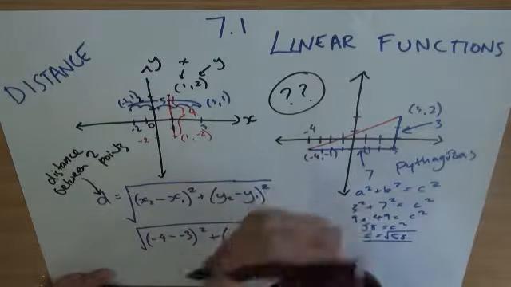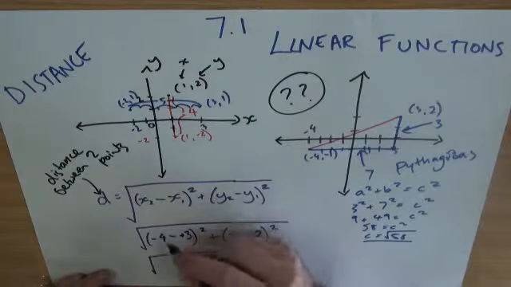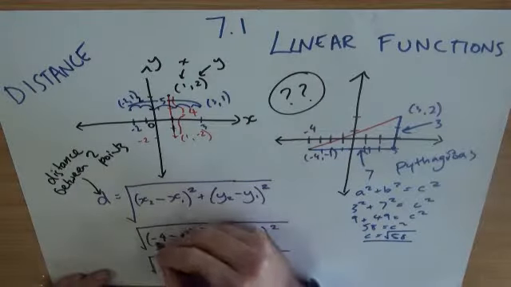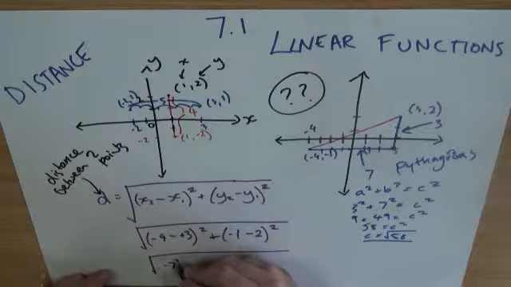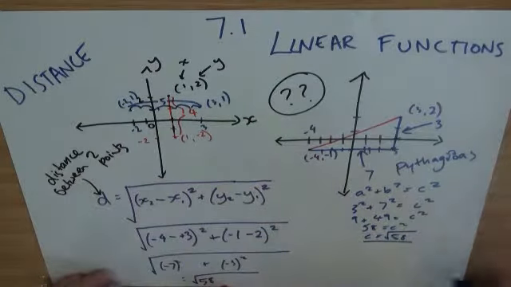Now I don't know why I put a minus on that 3, that's actually a plus there. Okay, so we finally get minus 7 squared, which of course is 49, plus minus 3 squared, which of course is 9, which gives us our final answer of root 58.